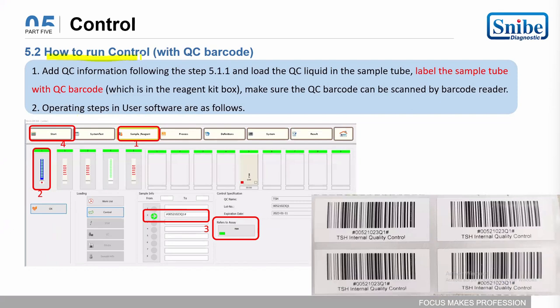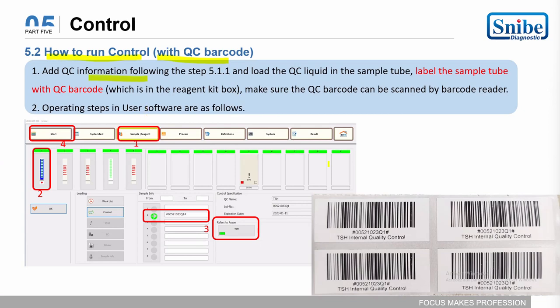So how to run quality controls with QC barcodes? If we are using the barcodes in the quality control tube, then it is easy to run directly with fewer steps.